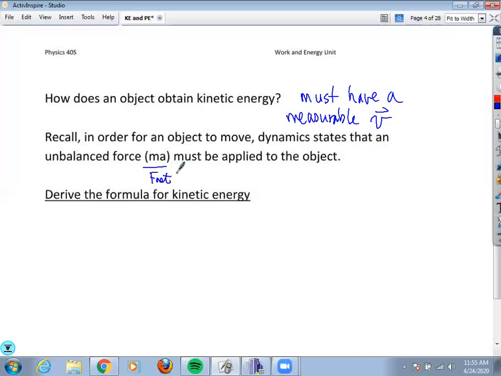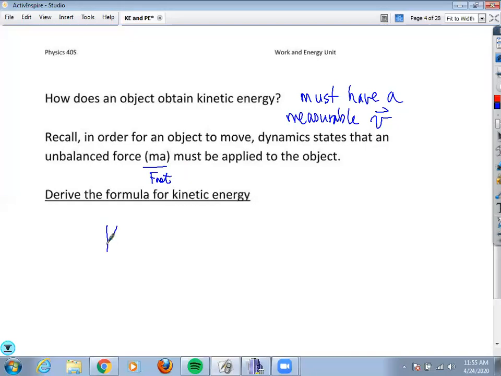Now normally in class we would take time to develop a formula for kinetic energy. Due to this remote learning situation, I'm just going to give you the formula. I would not require you to derive it, it's not necessary. If you are interested in the derivation of the formula, then you can refer to your textbook.